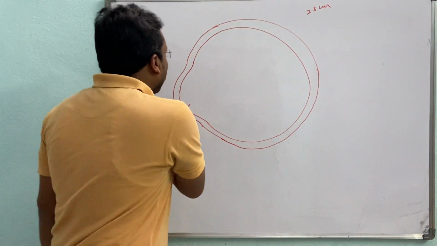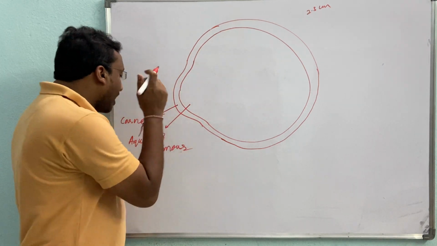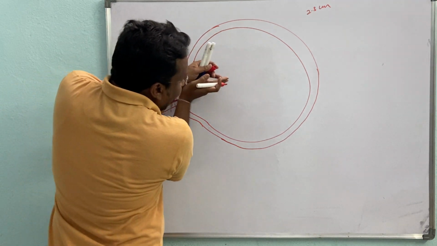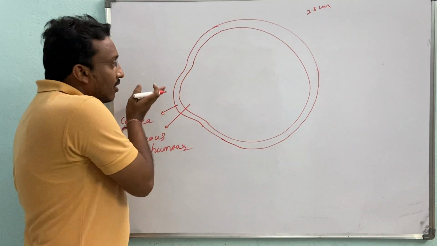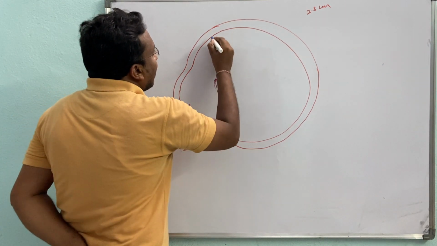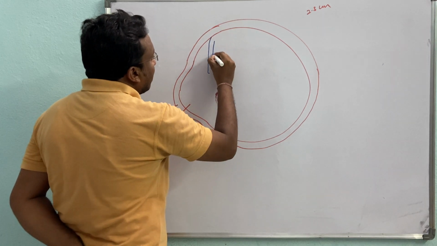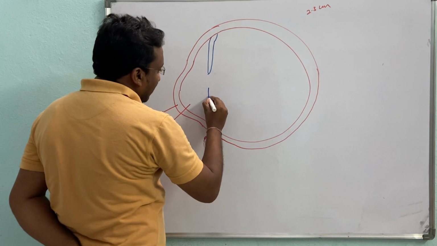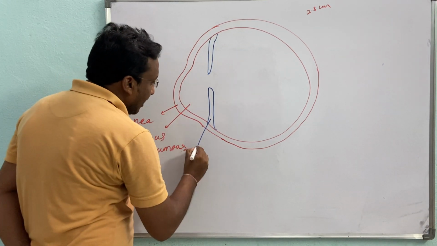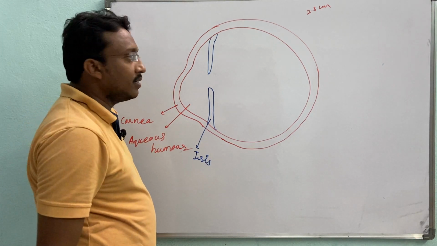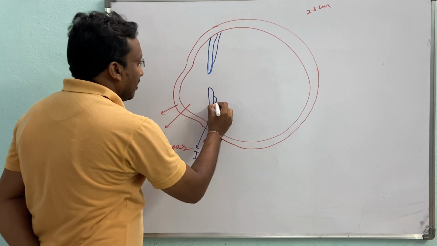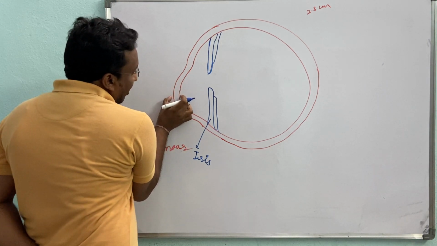The light falls on the cornea, refracts to the aqueous humor, and travels through it. Right behind the aqueous humor, there is a muscular diaphragm called the iris.